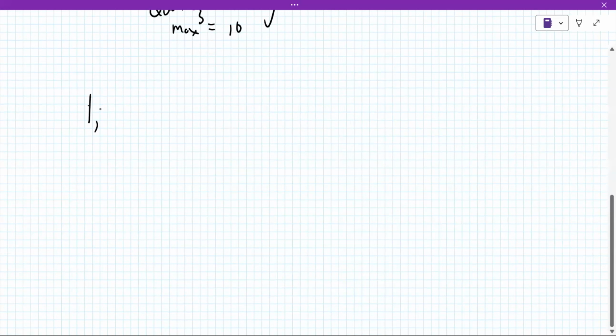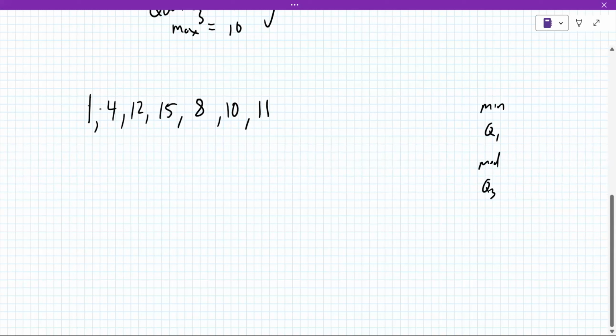Let's say the data set is 1, 4, 12, 15, 8, 10, and 11. I want you to calculate the min, Q1, the median, Q3, and the max. But first start by putting the data in order, smallest to largest.